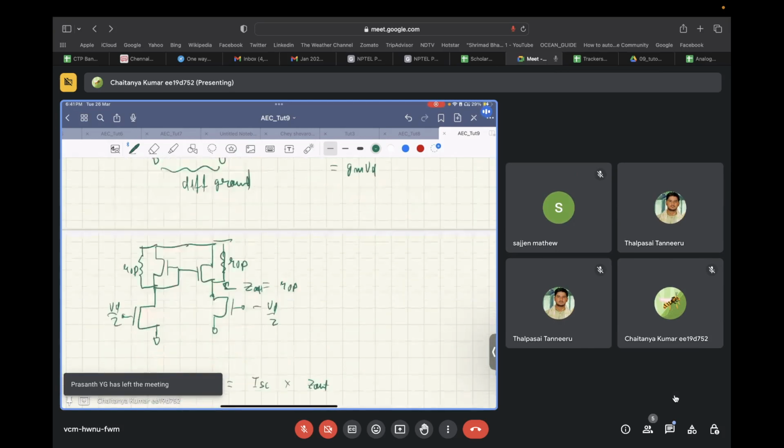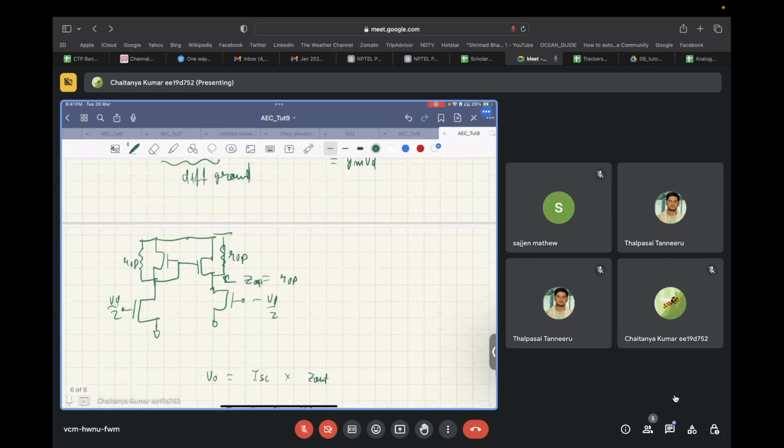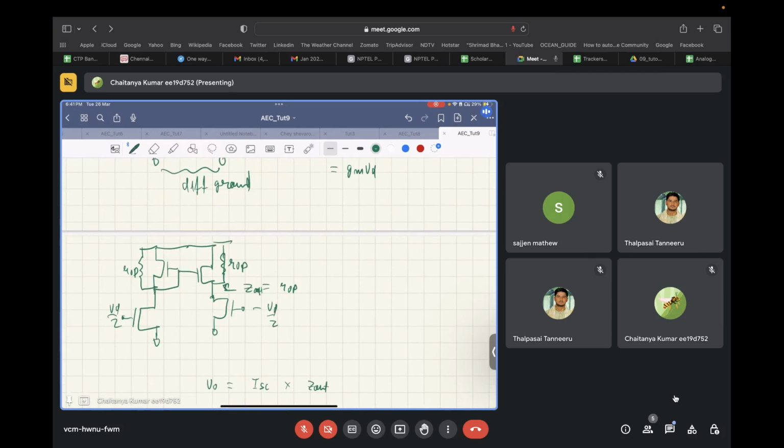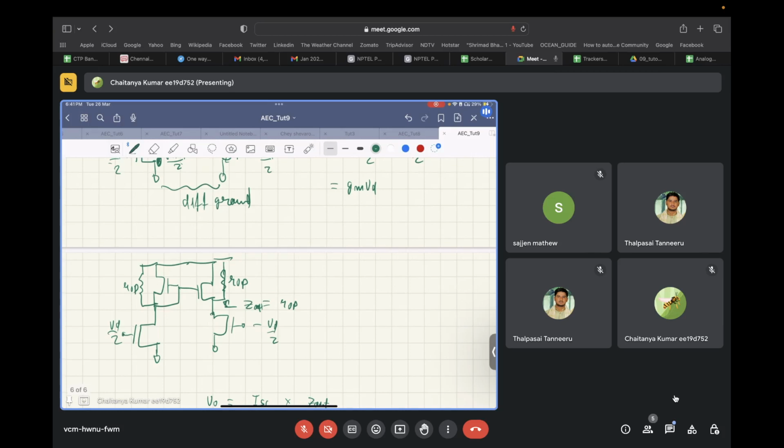But in the second case, where the circuit was not symmetrical in the top, till the place the circuit was symmetrical, you applied the principle of differential half circuit, and on top of that, you let the circuit remain as it is. You understand? Yes, sir. Okay.